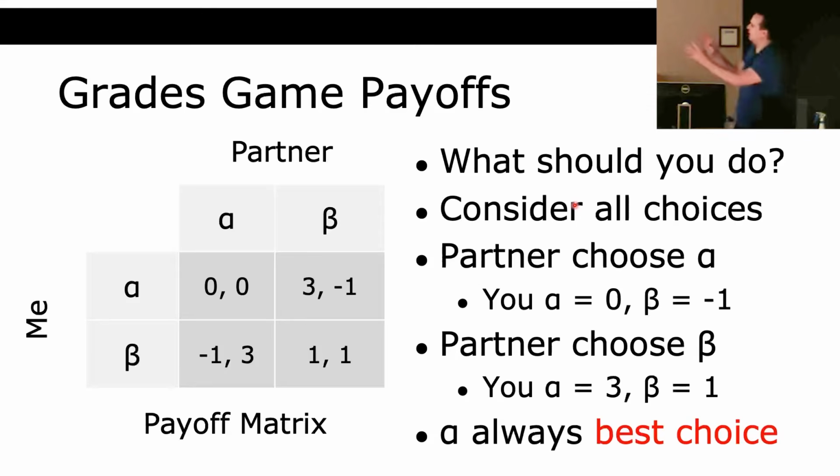So hopefully now, given this matrix of payoffs, you can make that choice. And so in this case, since alpha is always better than beta, beta is called a dominated strategy. Okay, and we talk about strategy domination from the point of view of, is there a strategy that something else always does better than it?